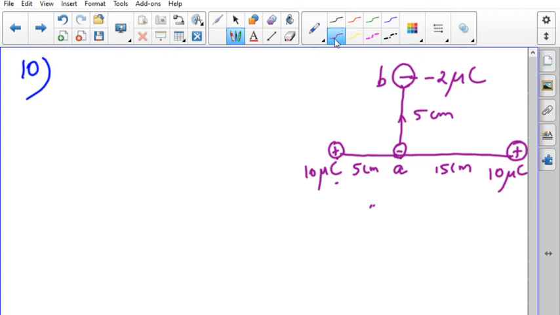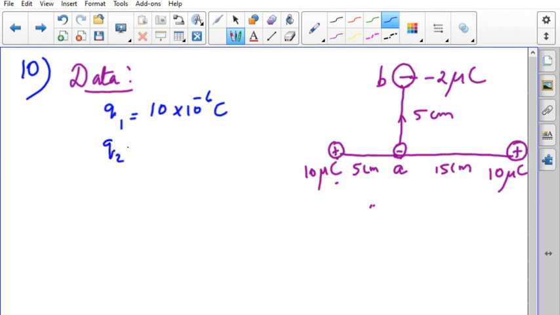So write the data given. What is Q1? Q1 is equal to 10 microcoulomb, and Q2 is also equal to 10 microcoulomb. And what is Q3? It is minus 2 microcoulomb.